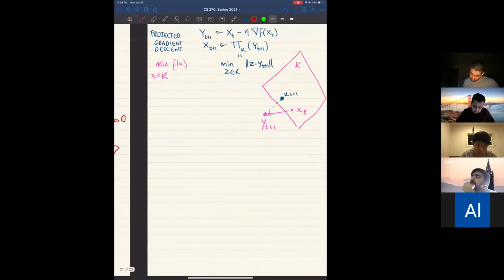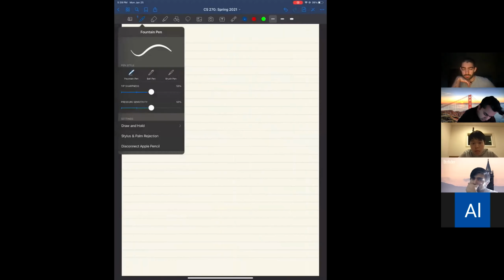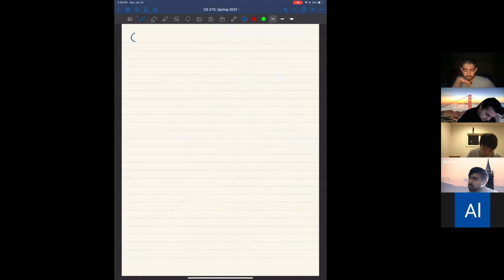All right, so before we go on to mirror descent, some comments on gradient descent, some of which we commented on last week, but just to make sure it's all there. The first thing to notice is the number of iterations is actually independent of dimension.